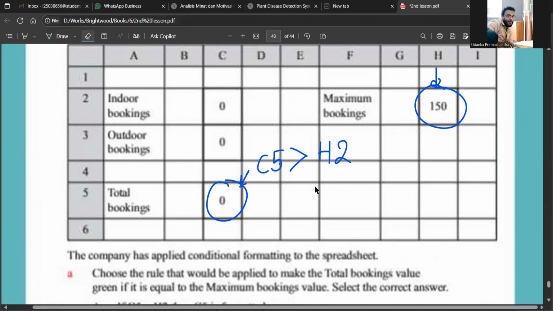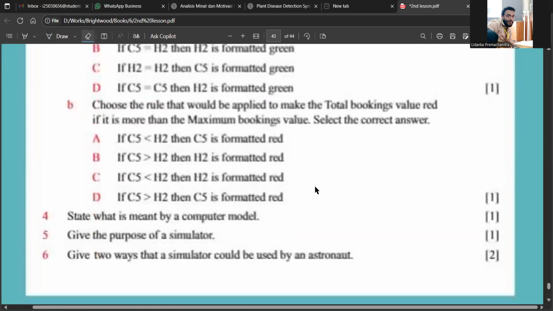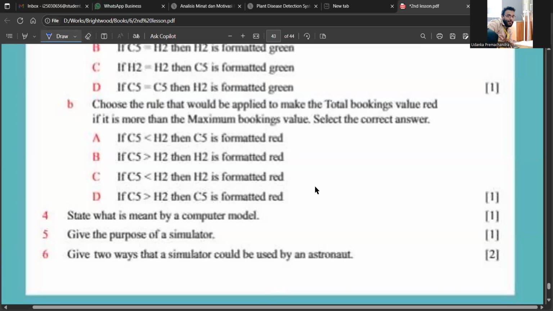If it is like that, it should be highlighted with red. Clear? C5 is greater than H2, so it should be formatted red. Like that.